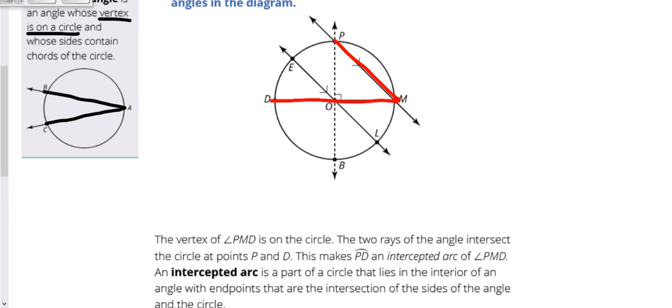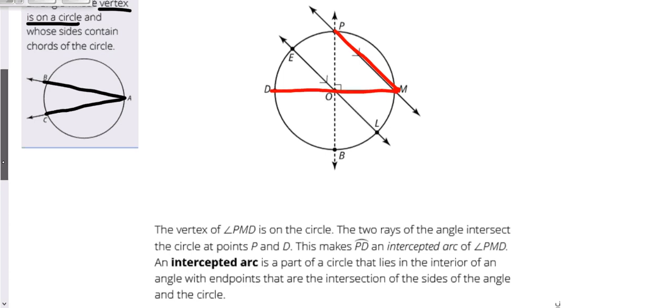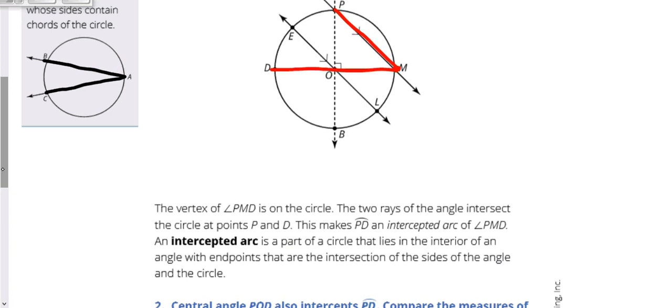M is on the circle. The two rays of the angle intersect the circle at points P and D. This makes PD an intercepted arc of PMD. An intercepted arc is part of a circle that lies on the interior of an angle with endpoints that are intersections. So basically they're saying that this arc here has a specific name of being an intercepted arc. So they'll sometimes talk about that.